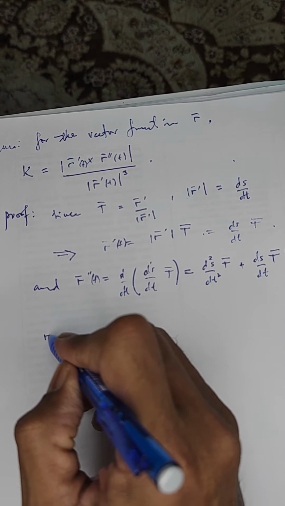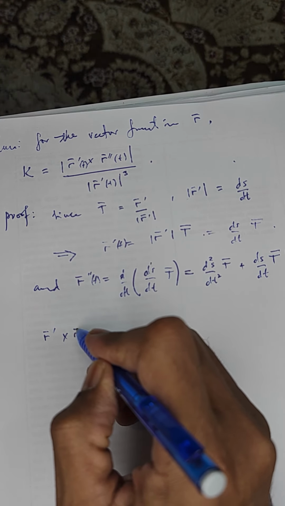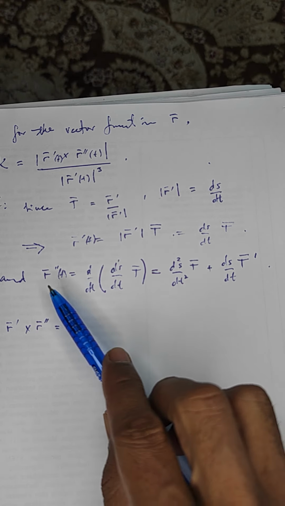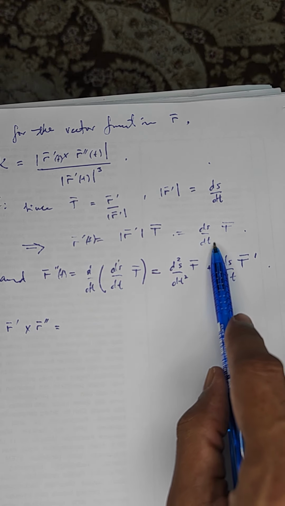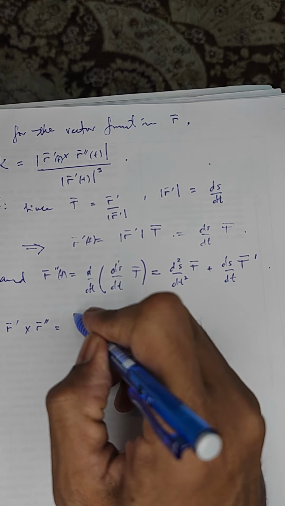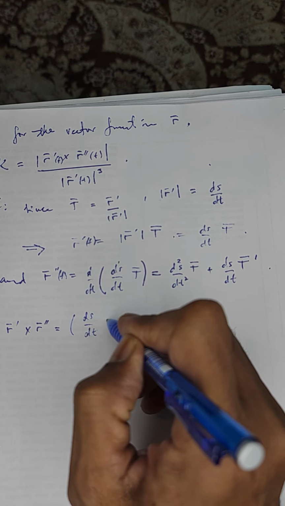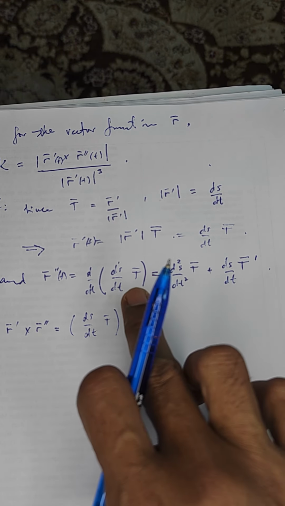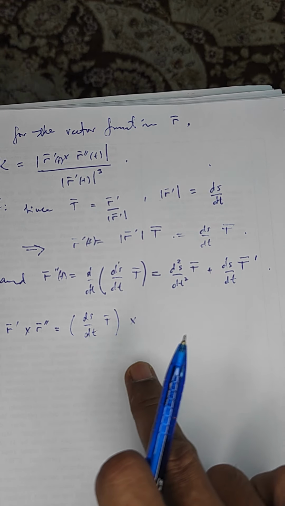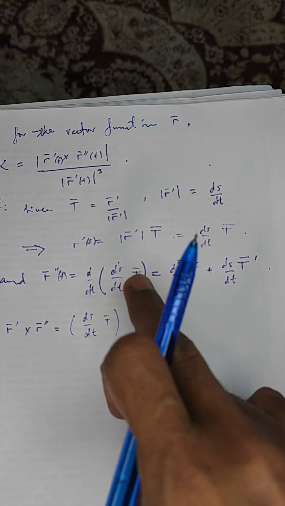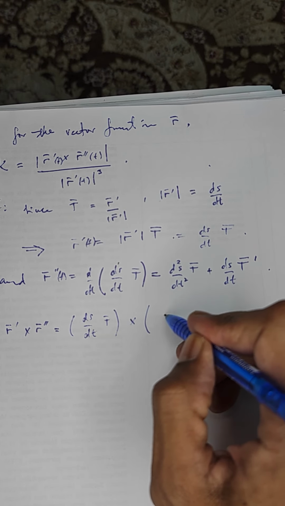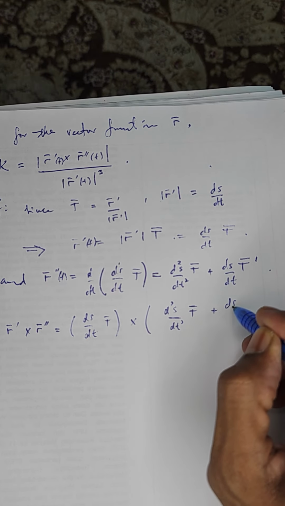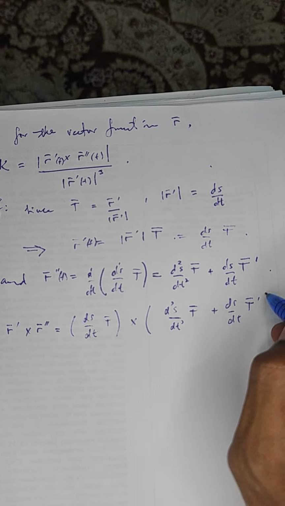We have r' cross r'', that gives us r' equal to ds/dt T, so we have ds/dt T cross (d²s/dt² T plus ds/dt T').